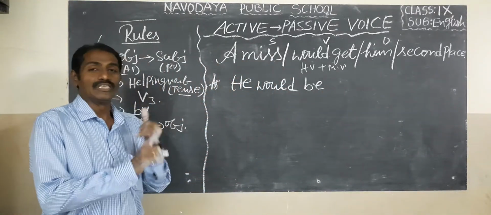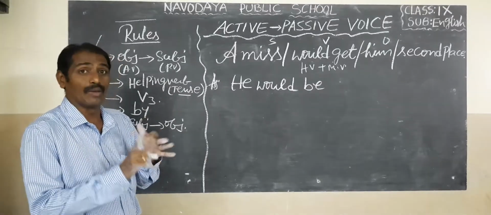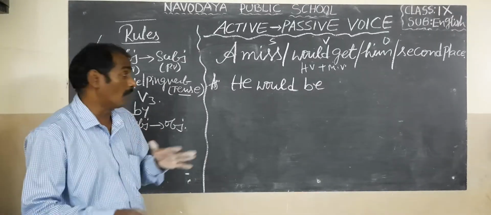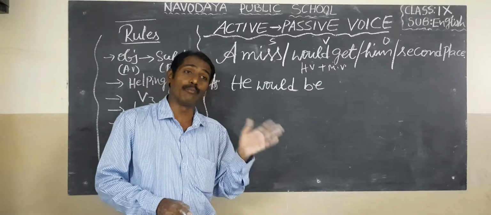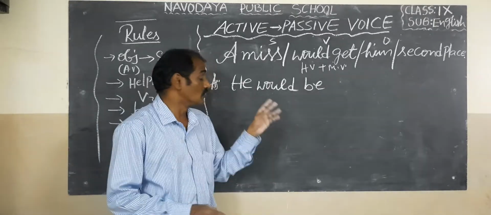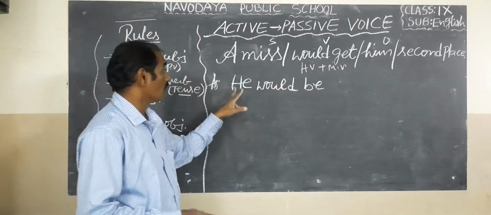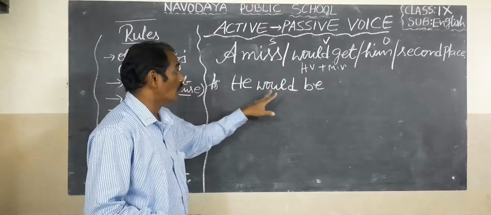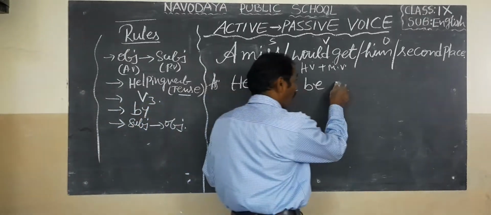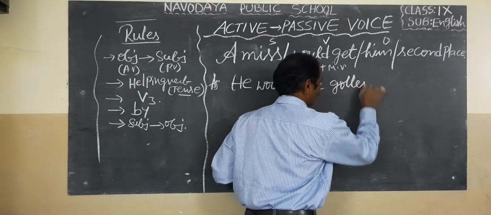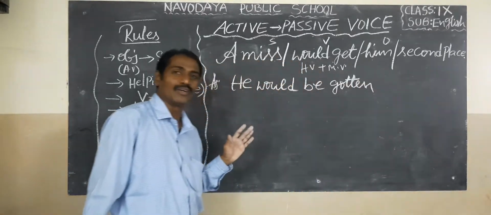Be form: be. Shall, will, can, may. If any of would, should, can, may is there, the be form is be. So here the be form is be. Him became he. Would be. Get, got, gotten.